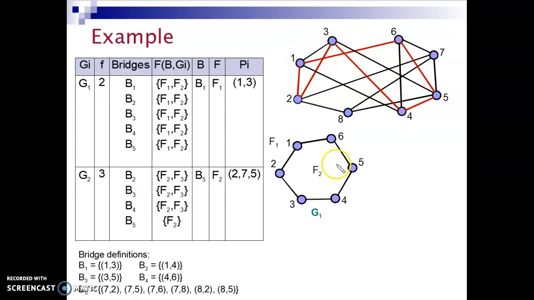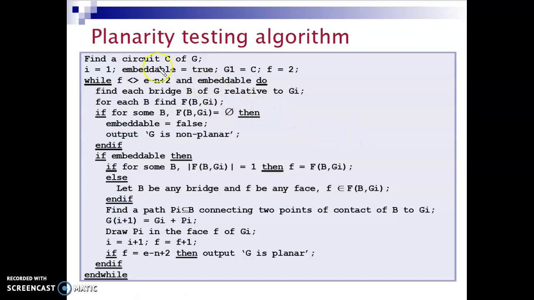So here is our cycle, and here is a clean drawing of that cycle. Let's call this G1. This is a subgraph of the original one that is shown in red in the upper figure. Once we identify a cycle, that's where our algorithm starts. As you can see in the first line, find a circuit or a cycle C of graph G. Then we have some initialization steps.